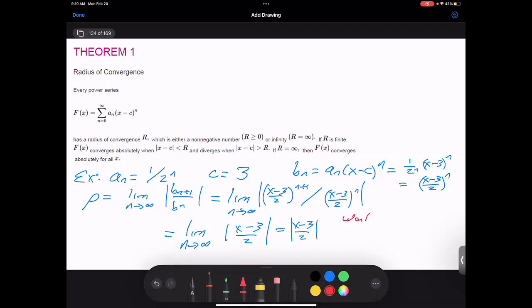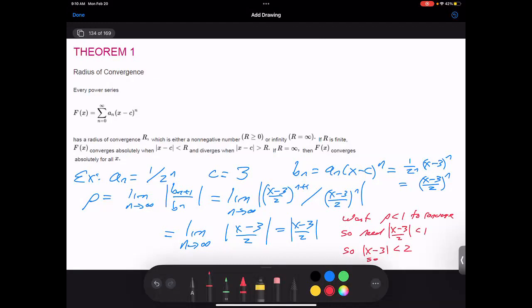So we want rho to be less than 1 to converge. So we need |x minus 3 over 2| to be less than 1. So |x minus 3| is less than 2. So what is the range of x that would have |x minus 3| less than 2? What does x go from?